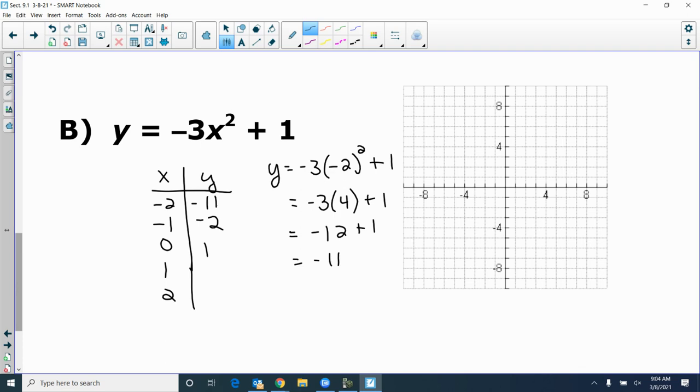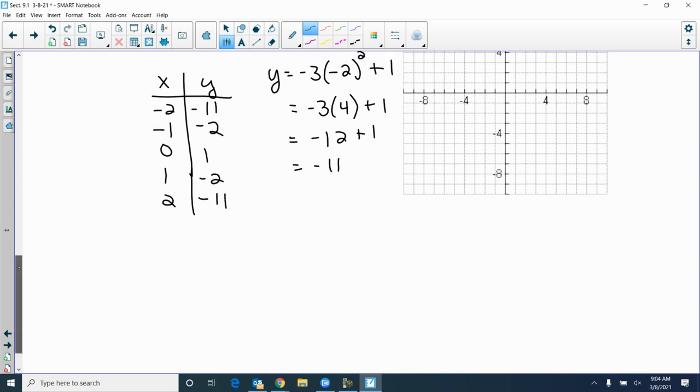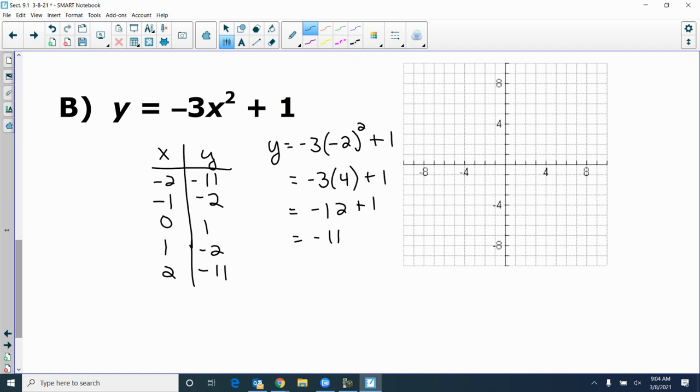Colin, just type this into the calculator and then put parentheses right here, and then put in the number. It's not that hard. Just put the number in the parentheses. Okay, there you go. You should get -2 and -11.